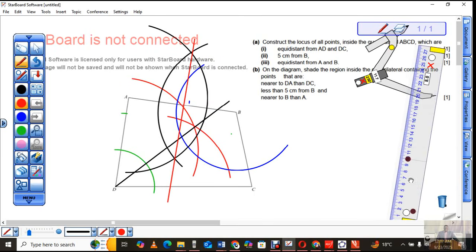Right. Oh, it's messy. So equal distance from A and B is that line that we have there. All these arcs can be quite confusing.